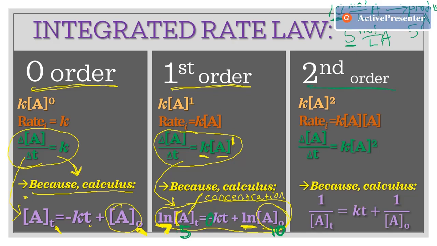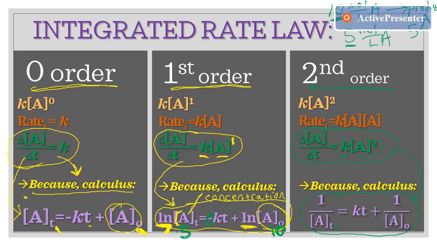Okay, so second order, we know from the integrated rate law that the change in concentration of A over the change in time equals the K constant times the concentration of A squared. And then because calculus, we can rearrange this into this formula.